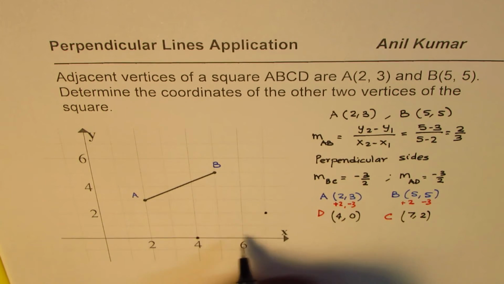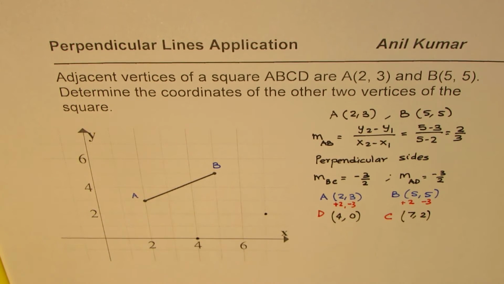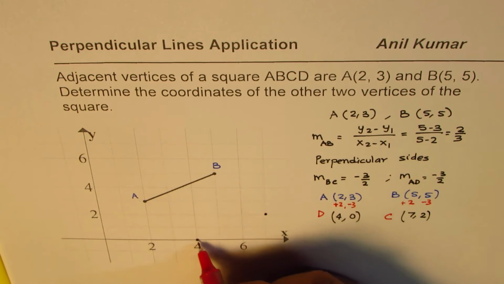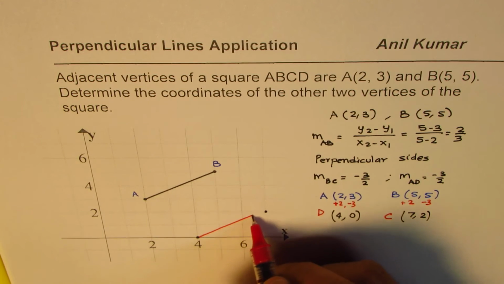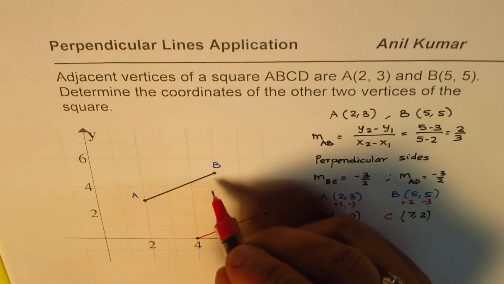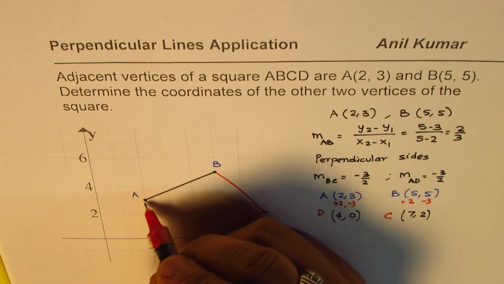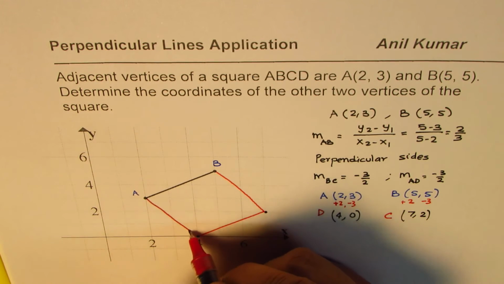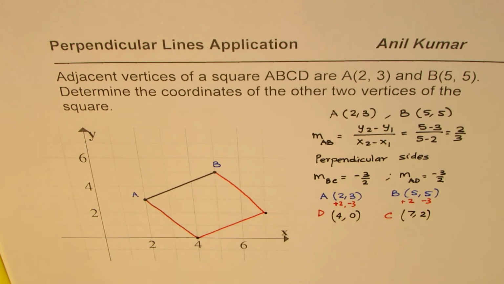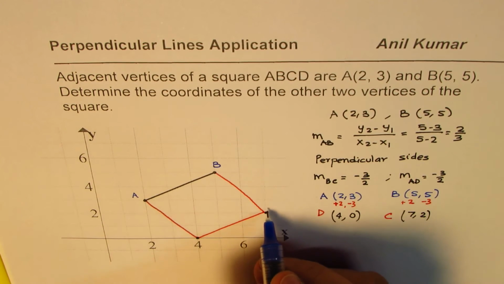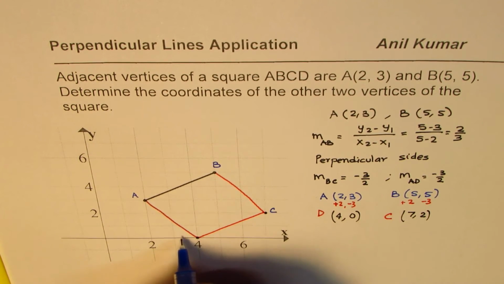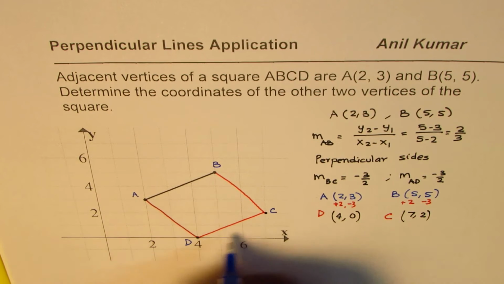So these are the other two vertices of the square. We can actually join them, with the points A to D and B to C. So that is how we can complete the square. So B to C and C to D. That becomes the square for us.